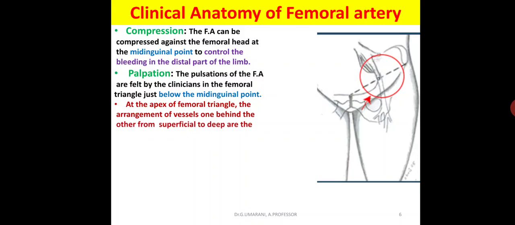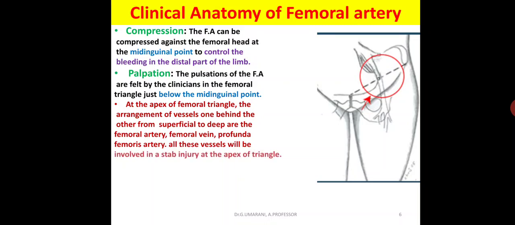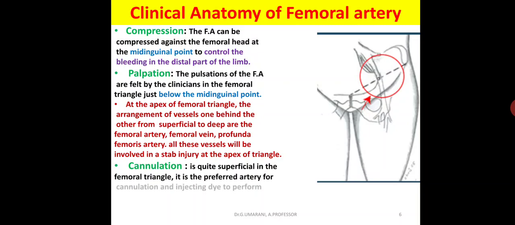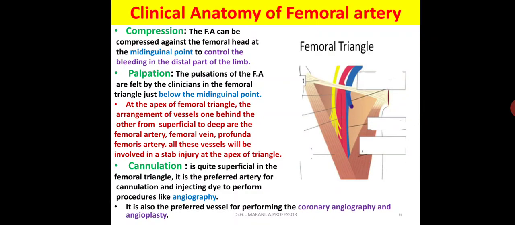From superficial to deep, there are the femoral artery, femoral vein and profunda femoris artery. So all these vessels can be involved in a stab injury at this triangle. Here in this image you can see the femoral triangle and the arrangement of the vessels.